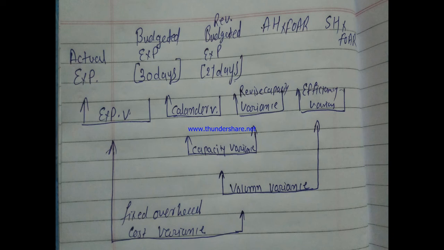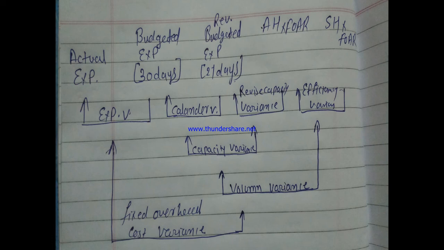Now, whenever we are calculating efficiency variance, we calculate standard hours into fixed overhead absorption rate, which is our last column, minus column number 4, which is second last, actual hour into fixed overhead absorption rate. We get efficiency variance.